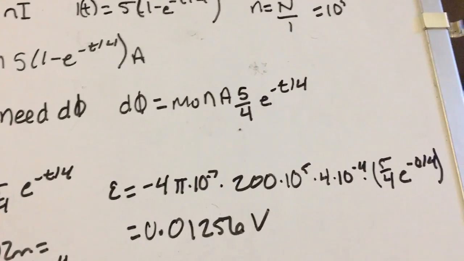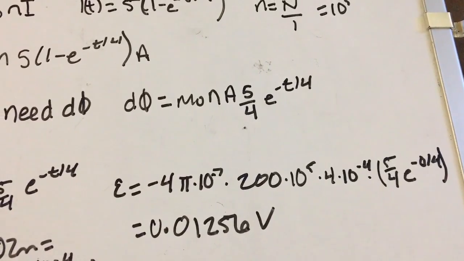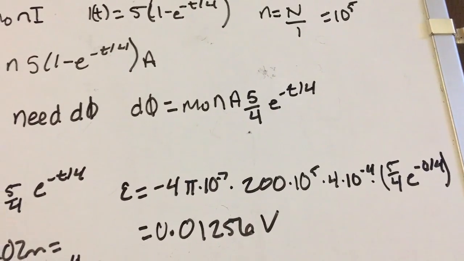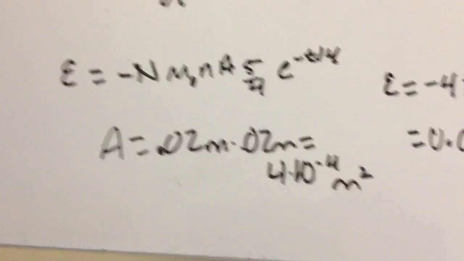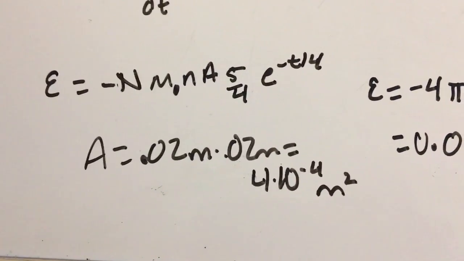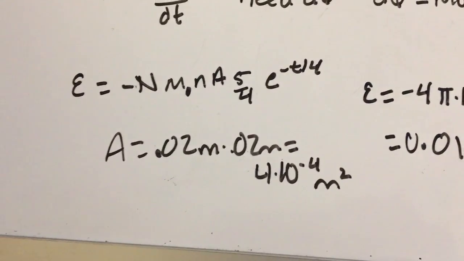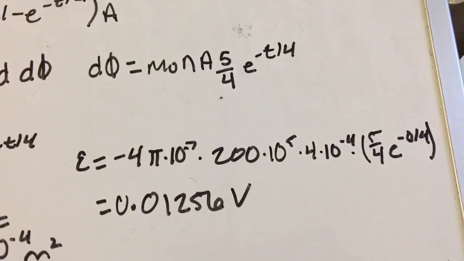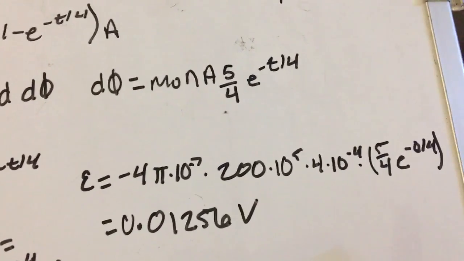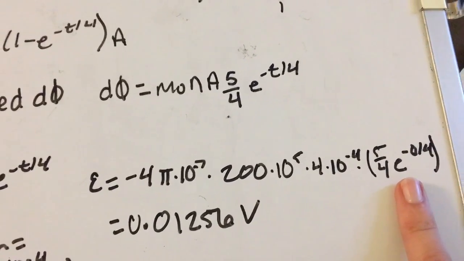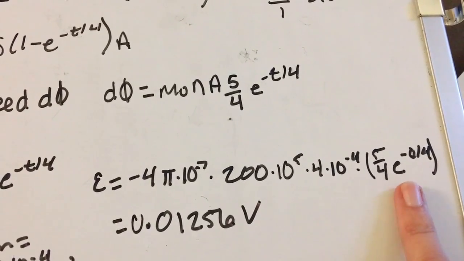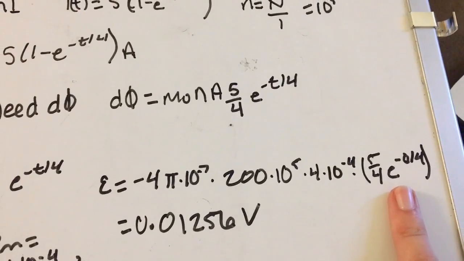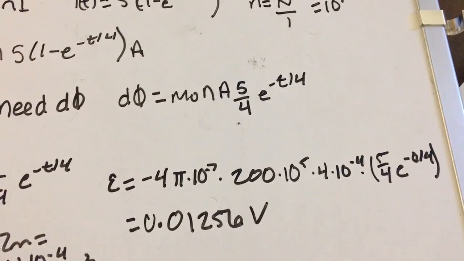And the 4 times 10 to the negative 4th is the area of the wire, which we can get from over here. Because it was 2 centimeters, we convert to meters and get 4 times 10 to the negative 4 square meters of area. Then the derivative of the flux is there, and we can solve for that.